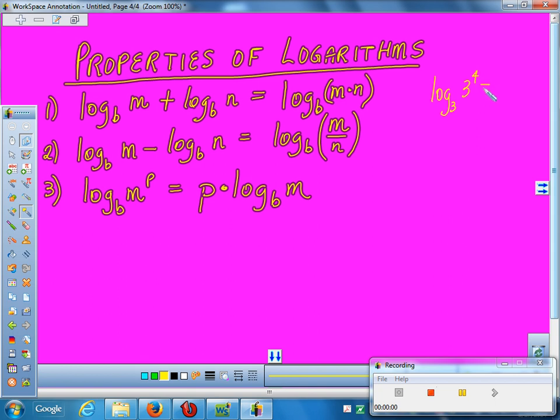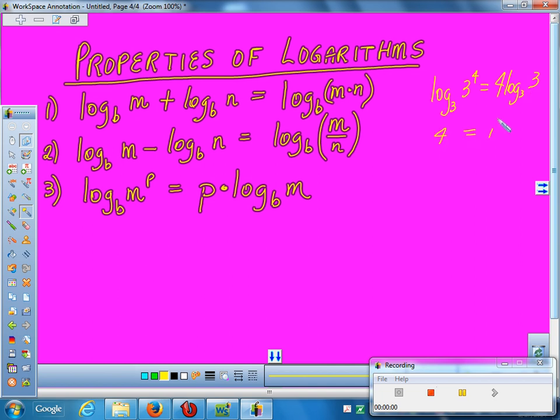If I gave you log base 3 of 3 to the 4th power, what is this rule saying I can do with the 4? This rule says you can put the 4 down front. Okay, so now, you all just learned how to evaluate logs last assignment. What happens when the bases are the same? Here we got a base 3, so that left side equals 4.